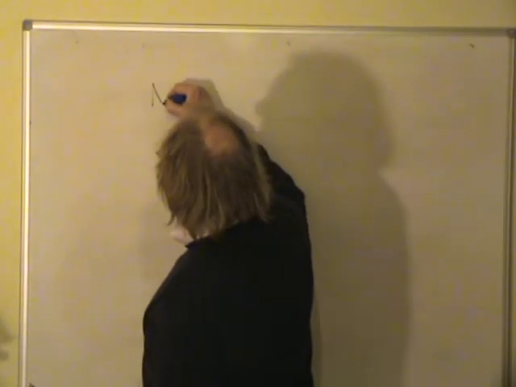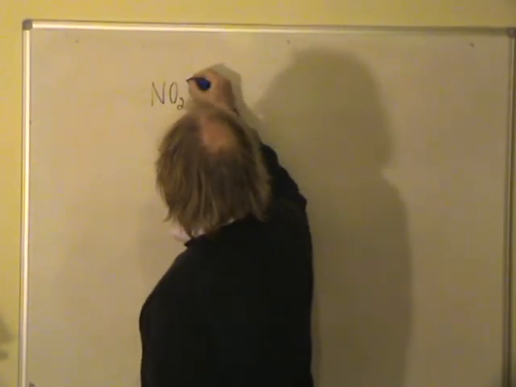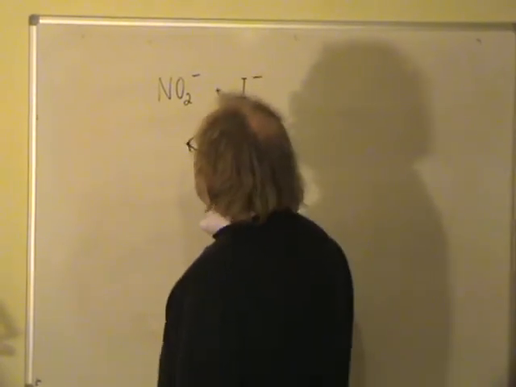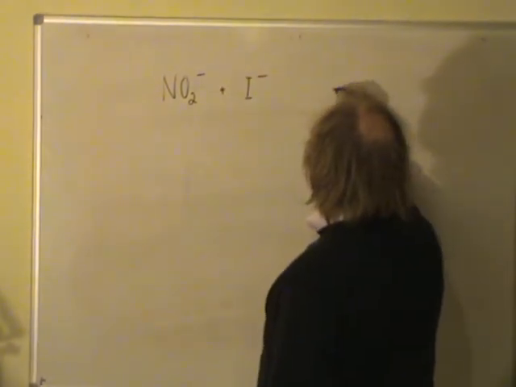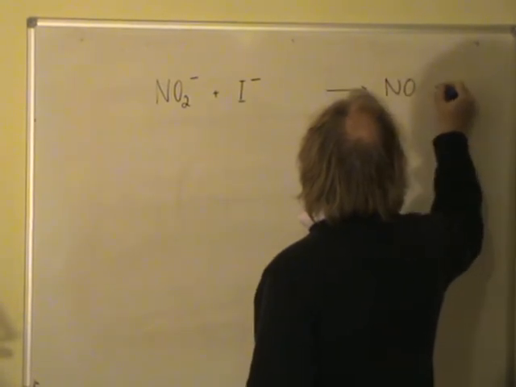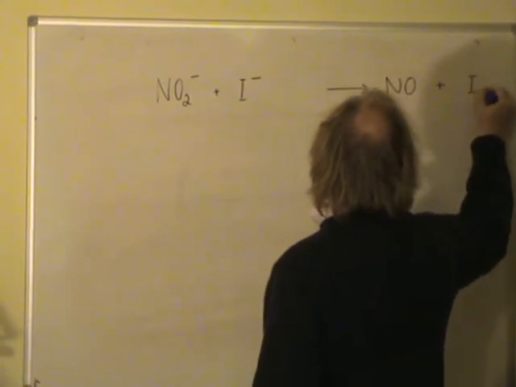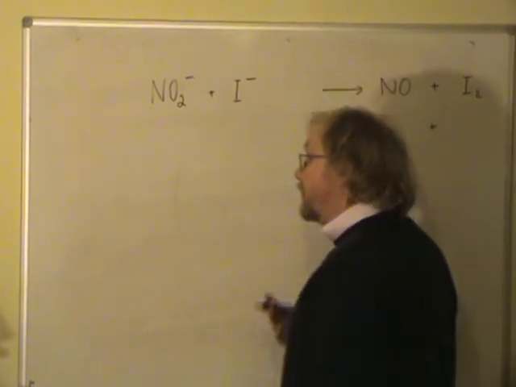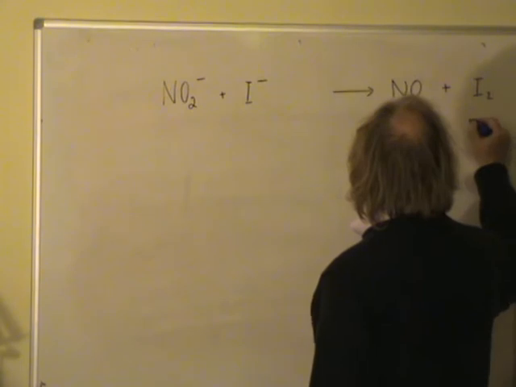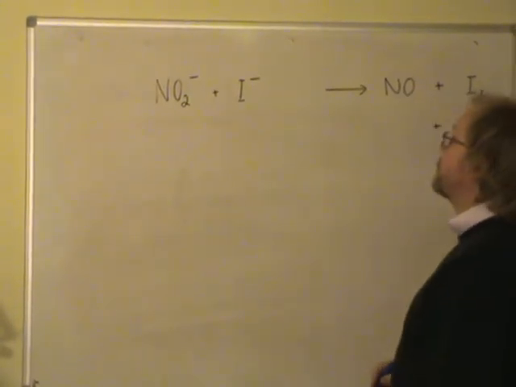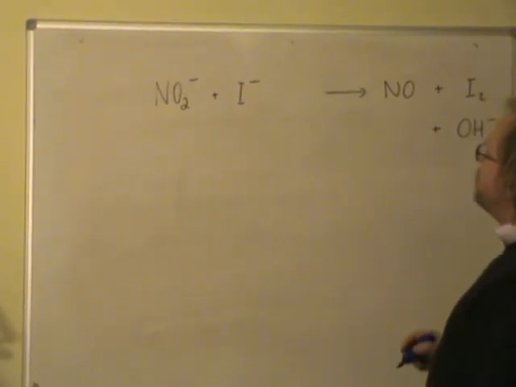So we've got NO2 minus, and we've got I minus, and we know that the products include NO and iodine, and it also tells us in the question that OH minus ions are also produced. So we've got OH minus like that. So what can we do with that?